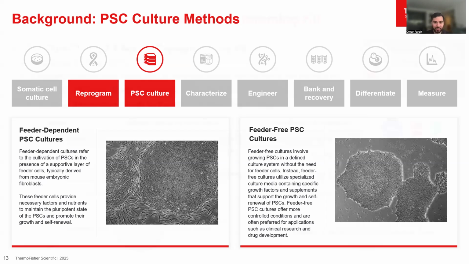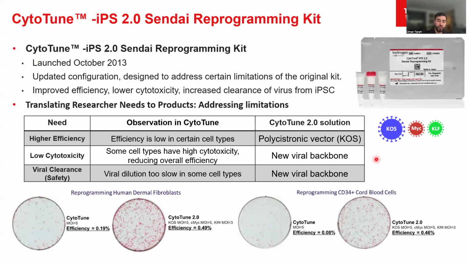I'll go back over here. So for two of those vectors, we have built in a mutation in the promoter that allows you to clear those vectors faster by culturing your cells at a slightly higher temperature.